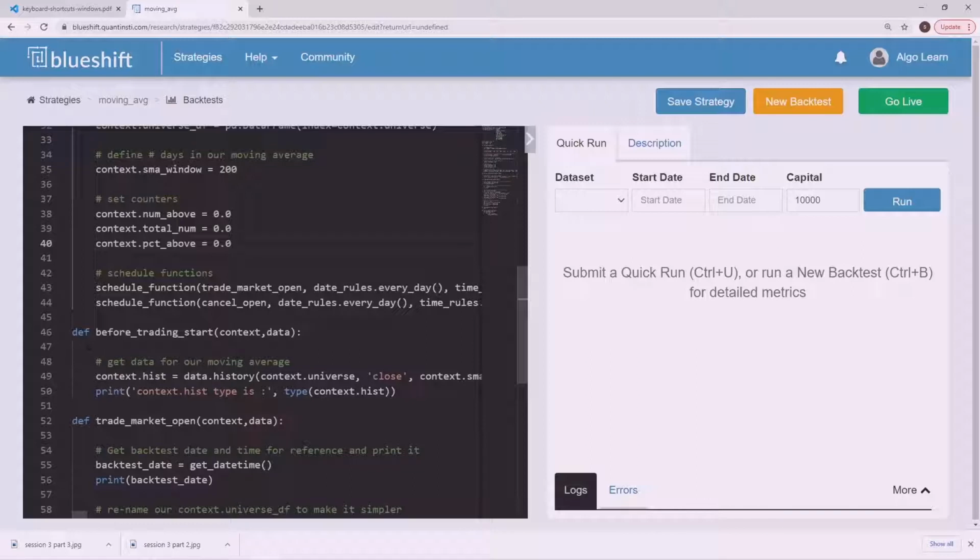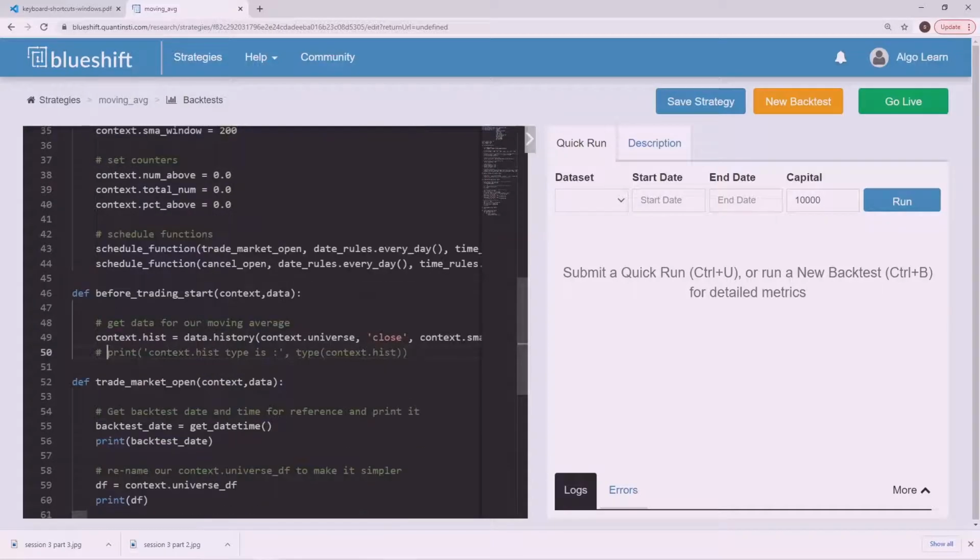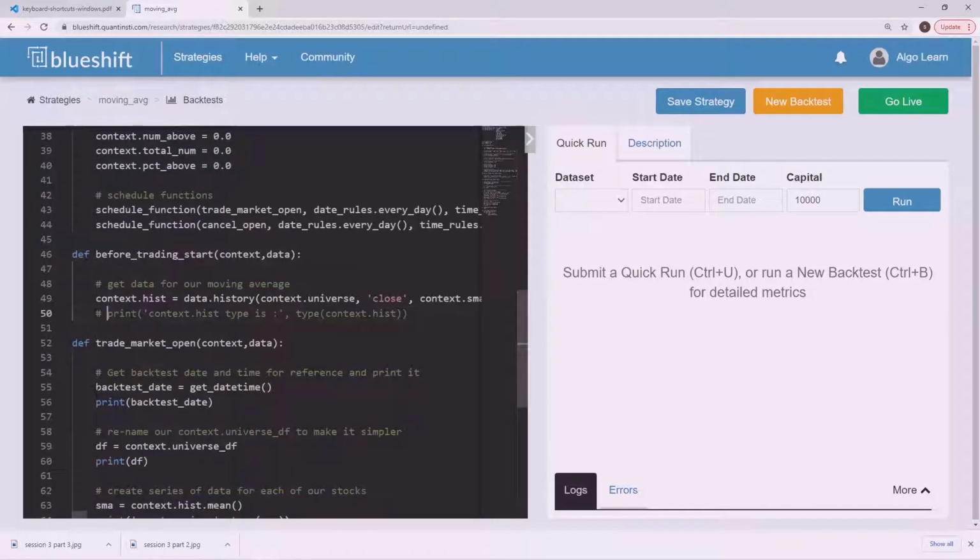Now we go to the function before trading starts. We don't need to see the print, so let's pound that out. We already know that it's a data frame. Now we go into the trade market open function, which runs every day at market open. That's fine.